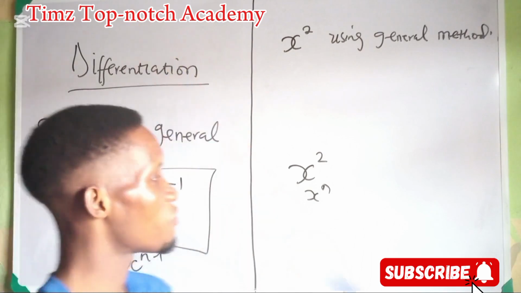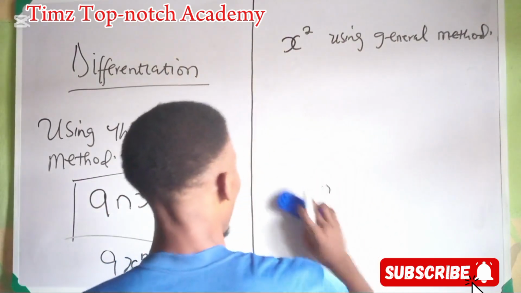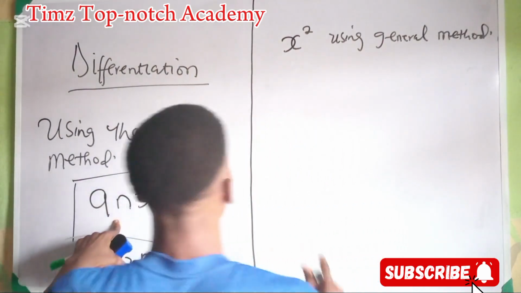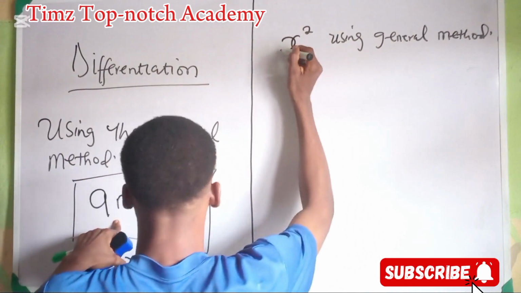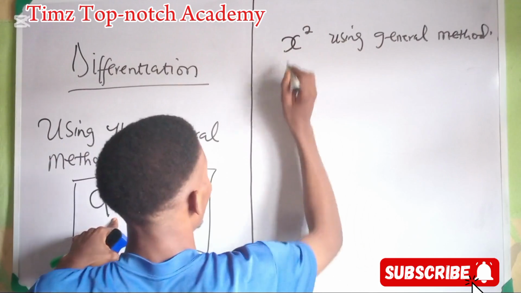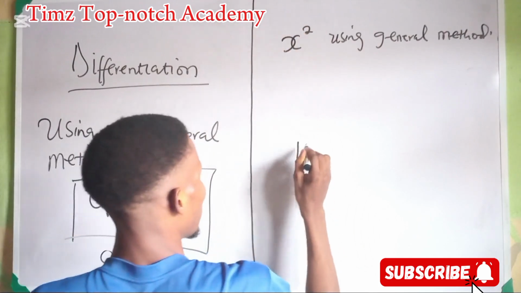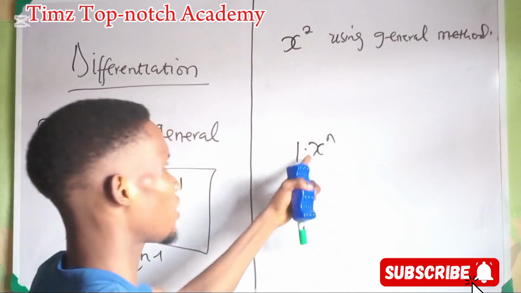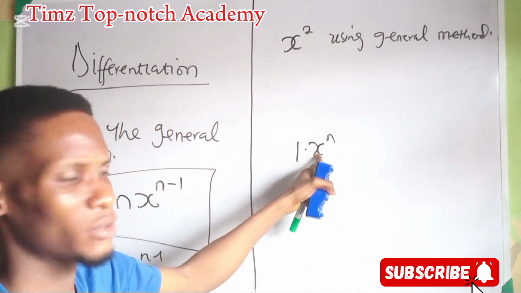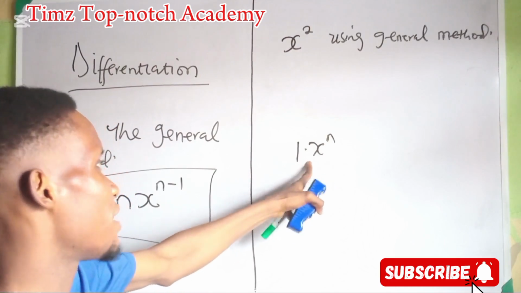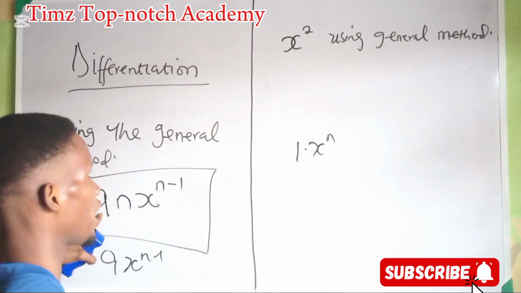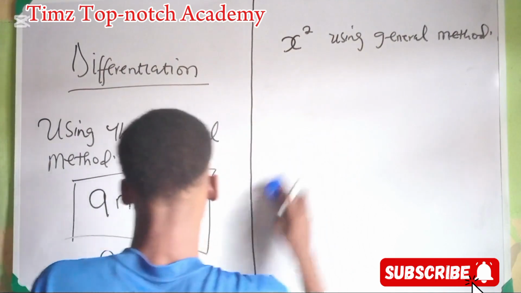So when you have to differentiate, you're applying that formula, and this will come here. Remember, there is 1 here. When you have 1 x raised to, you cannot write 1 multiplied by x, so we know that the invisible 1 is here. That 1 is assumed to be a.